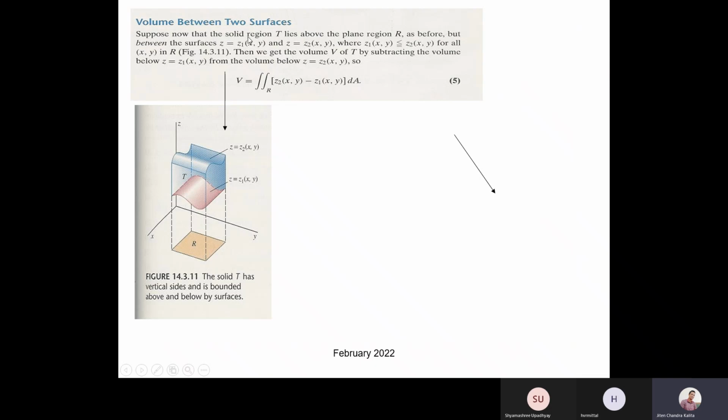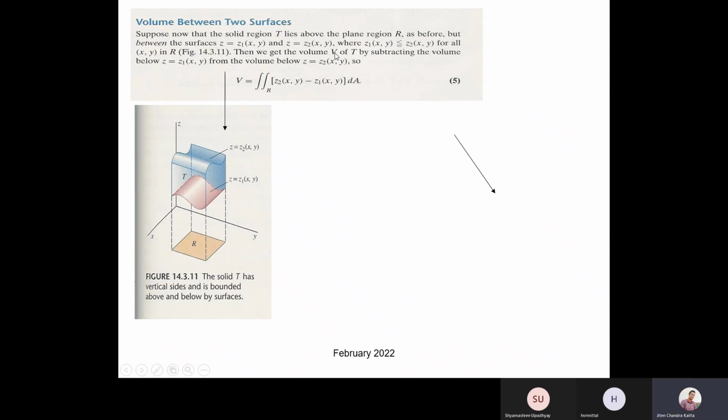Suppose now that the solid region T lies above the plane region R. This is the plane region R. This is on a rectangle they are doing it, as before, but between the surfaces z equal to z1(x,y) and z2(x,y), where I have told you z2 is greater than or equal to z1 for all x,y lying in this rectangle R. Okay, so then what we get?